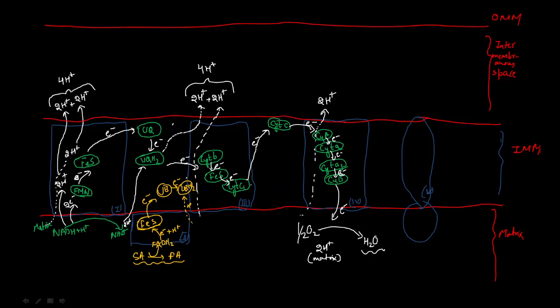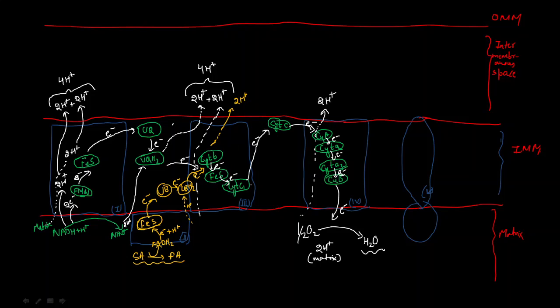Now this UbQH2 is again going to donate its electron to cytochrome B of the third complex, and when it is doing it, it is going to release this proton over here. When the electron is passed on from ubiquinone H2 to cytochrome B, the proton which was accepted by ubiquinone is released into the intermembranous space, just like what we had discussed in the case of NADH.